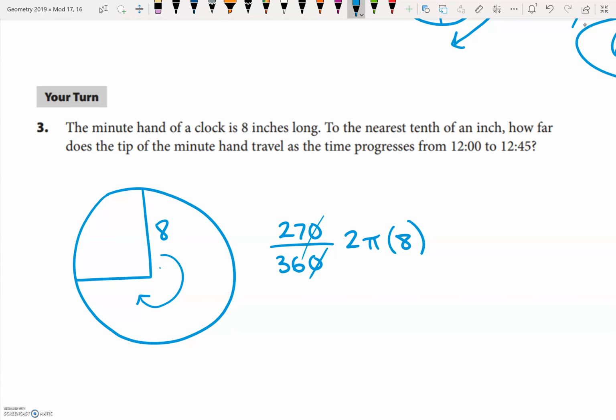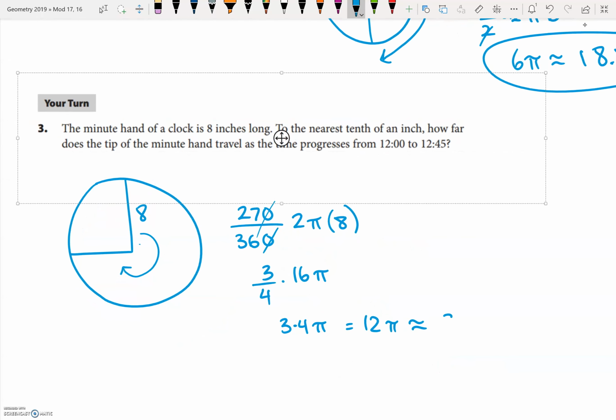They're both divisible by 90. That's going to be 3 over 4. Oh, 3/4, of course. Times 16 pi. That's 2 times 8. 16 over 4, that's going to be 4. So this is going to be 3 times 4 pi. So this is 12 pi. And 12 pi is approximately 37.7 inches.